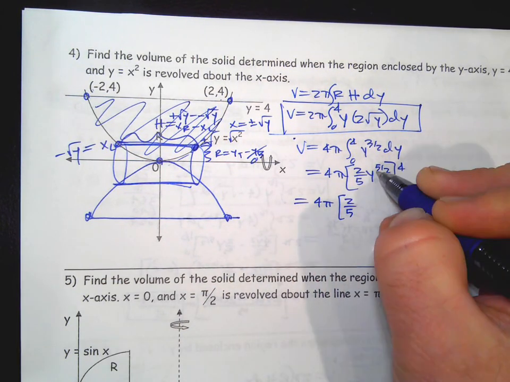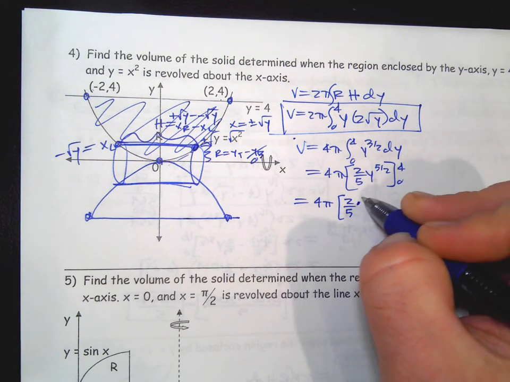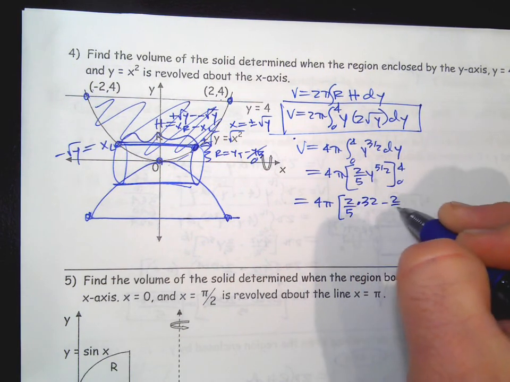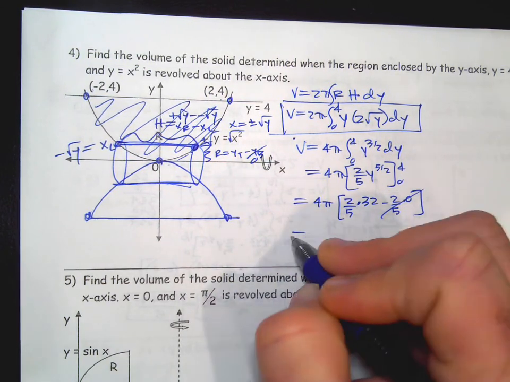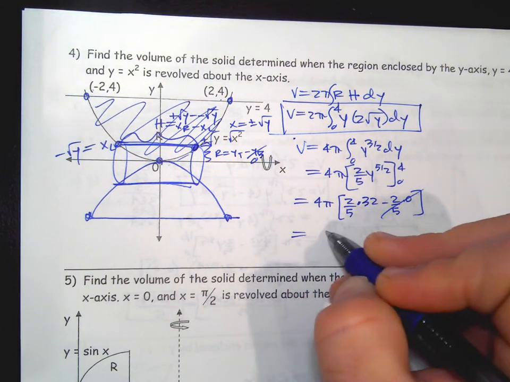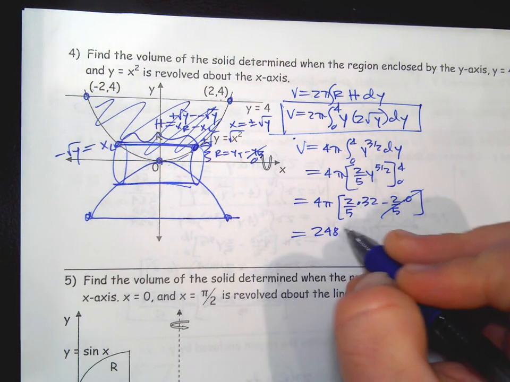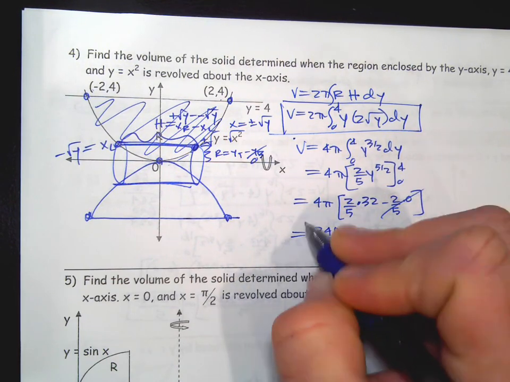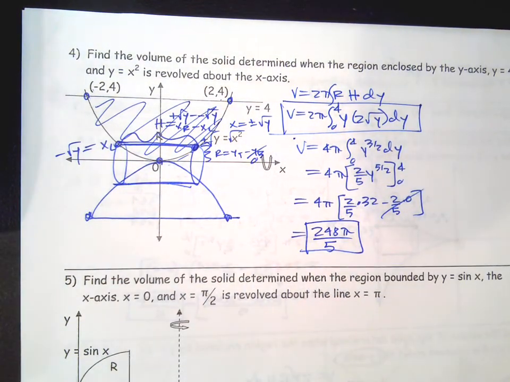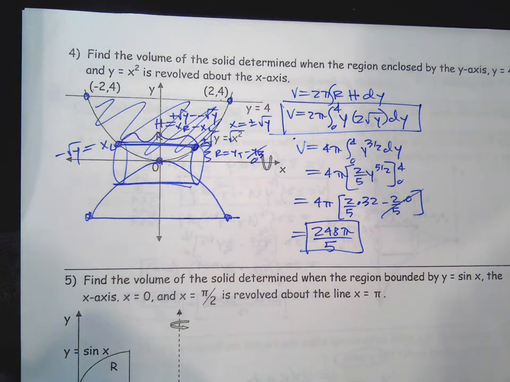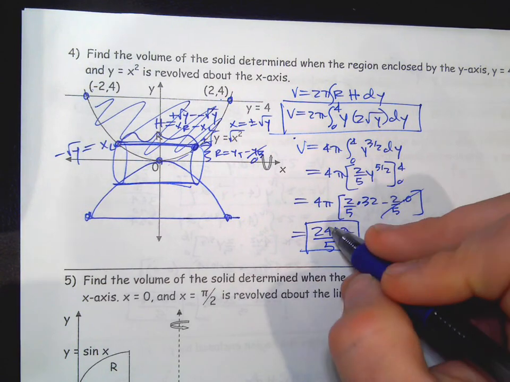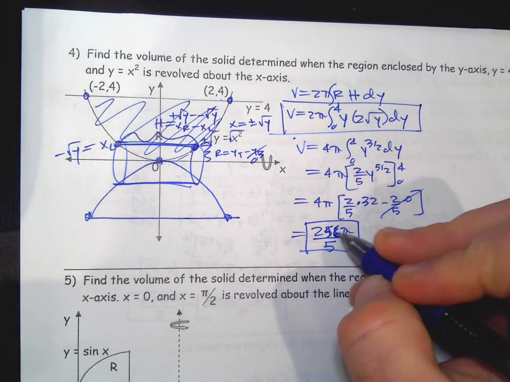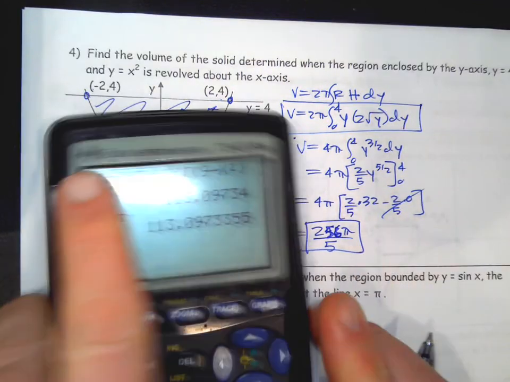If you plug 4 in, your square root of 4 is 2, to the 5th is 32, minus 2 fifths, 0. So we get 8 times that, so it's 248 pi over 5 for the exact answer. Oh, actually, 8 times that, that's going to be 256. Doing a little too much math in my head too quickly.